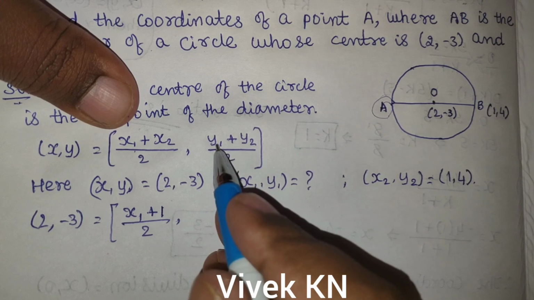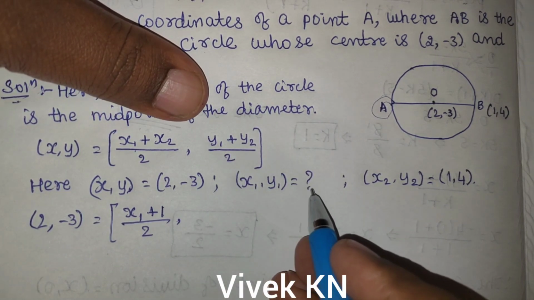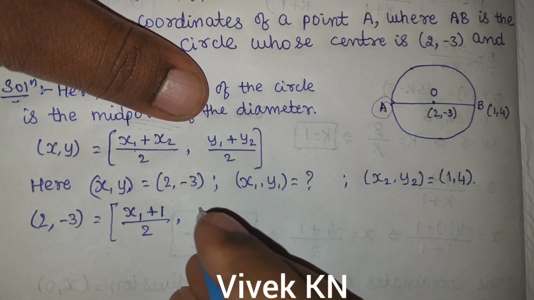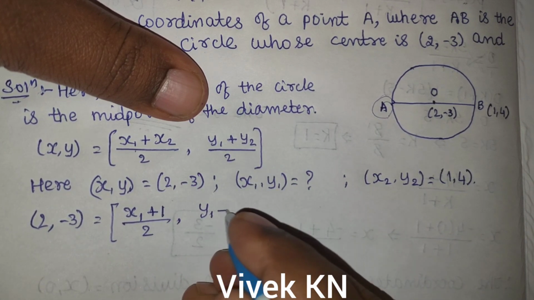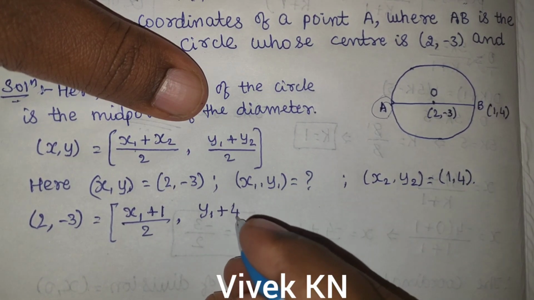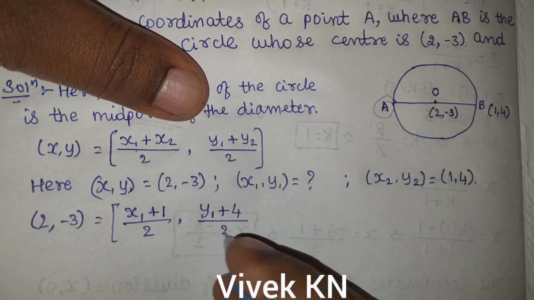The value of y1 we have to calculate, so we write y1 as it is plus the value of y2, which is 4, divided by 2.